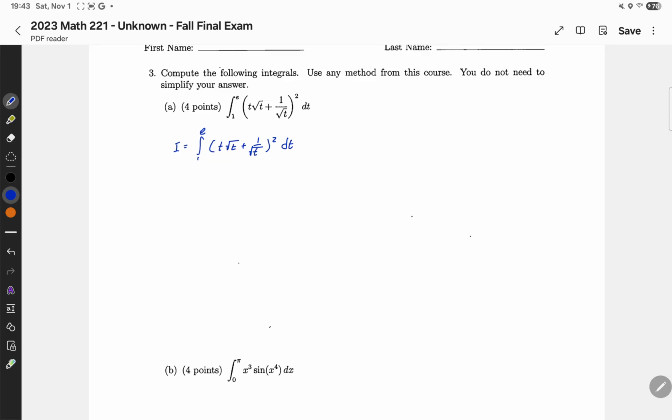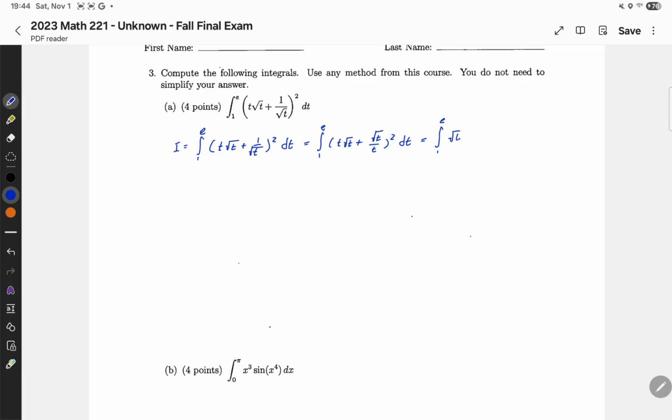So the way I'm going to approach this is first by rearranging a little bit. So the integral from 1 to e of t, square root t, and I may rewrite this 1 over square root t instead as square root t over t, just like this, square that, dt. And now I can factor out a square root t.